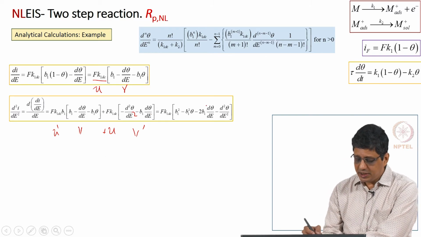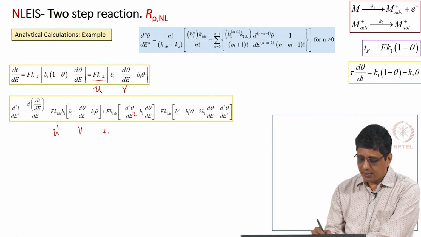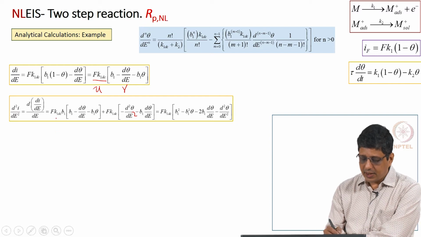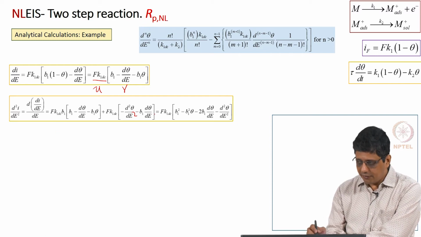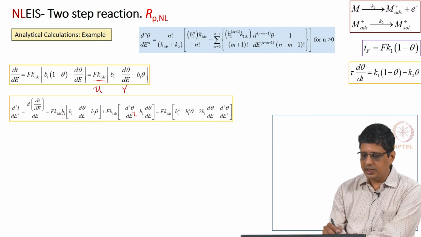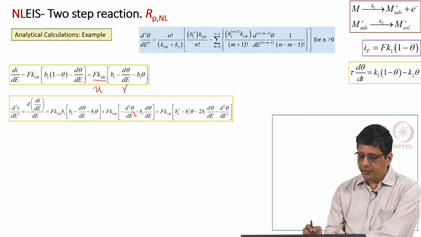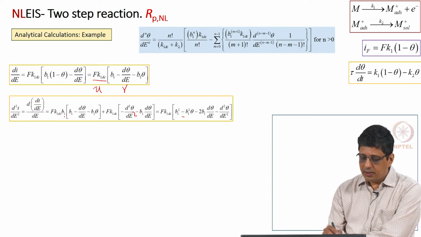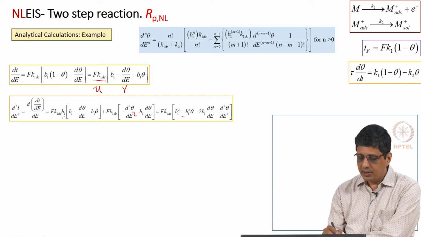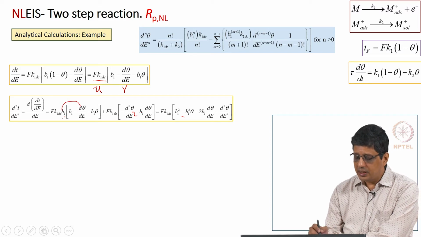I can rearrange it. I can multiply and then rearrange. F k1 dc, I can keep it outside, retain it, b1 square, then b1 square theta, then I have one b1 d theta by dE with a negative sign, I have another b1 d theta by dE with a negative sign.